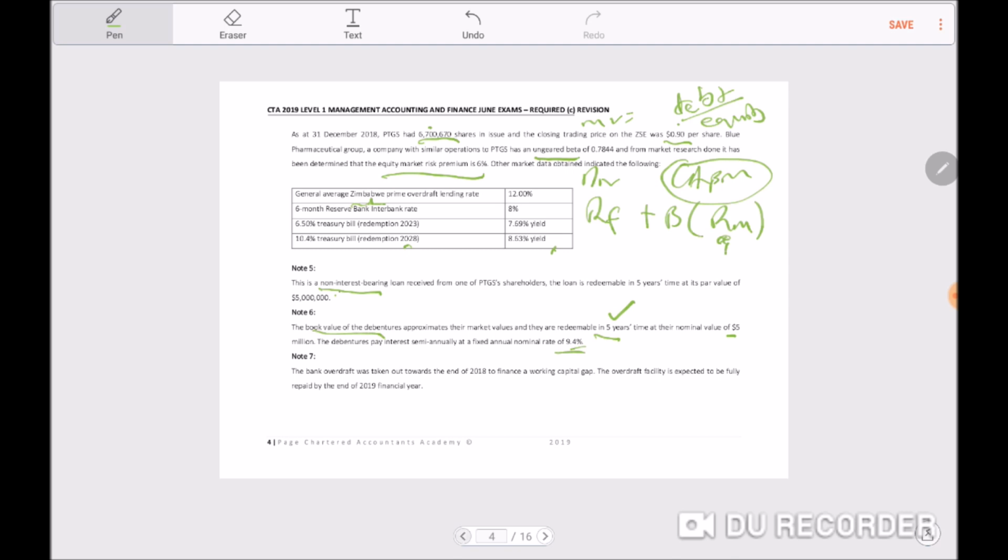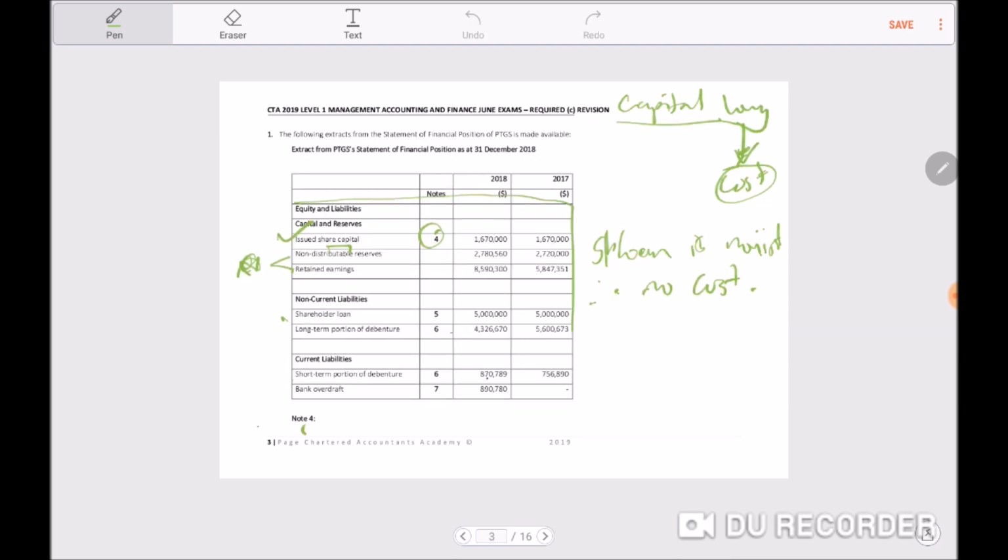All right, so where is this short-term and long-term portion accounted for? This is from FINAC. In MANAC, all we have is a debenture. We went and borrowed money from a bank or from a financial institution, and they gave us a debenture of $5 million.